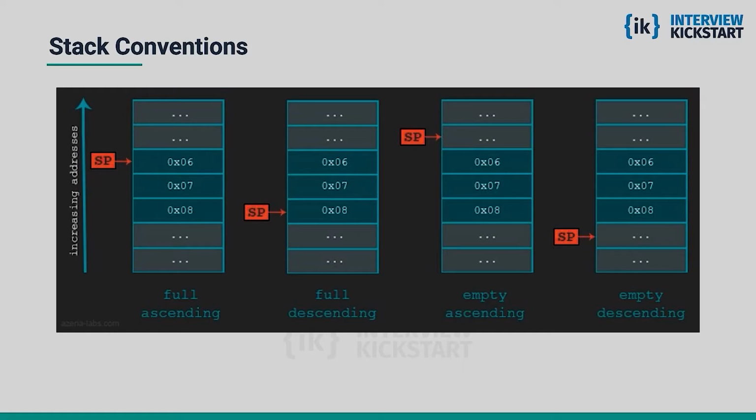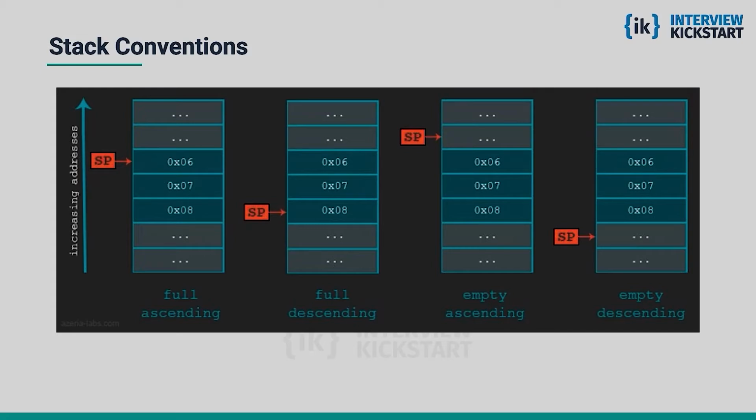Thus, we have four different implementation options for a stack, namely full ascending, full descending, empty ascending, and empty descending. These capture the two variations: whether the stack pointer is pointing to the last pushed element or one above it, and what direction the stack pointer is growing in terms of memory address.